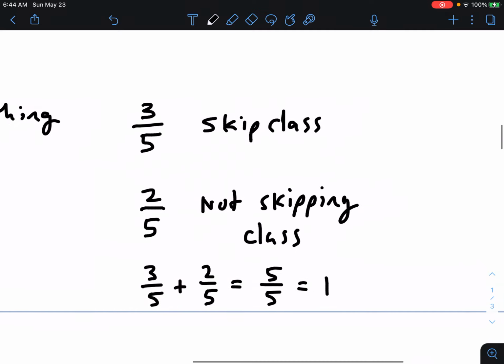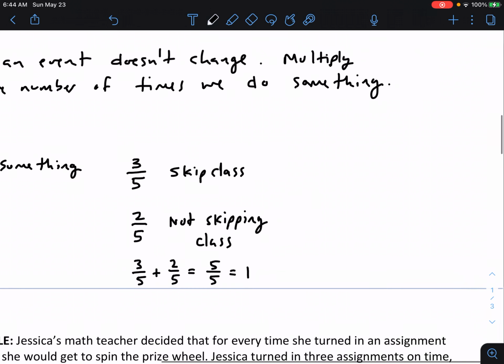Okay, so fractions are a little bit trickier. Decimals, or percents, if we think about percents, let's say that same probability of skipping class is 3 out of 5. Well, if we do the math on 3 out of 5, that ends up being 60%. The probability of you skipping class is 60%, and that means the probability of you not skipping class is going to be the number that takes this to 100%, in this case 40%.